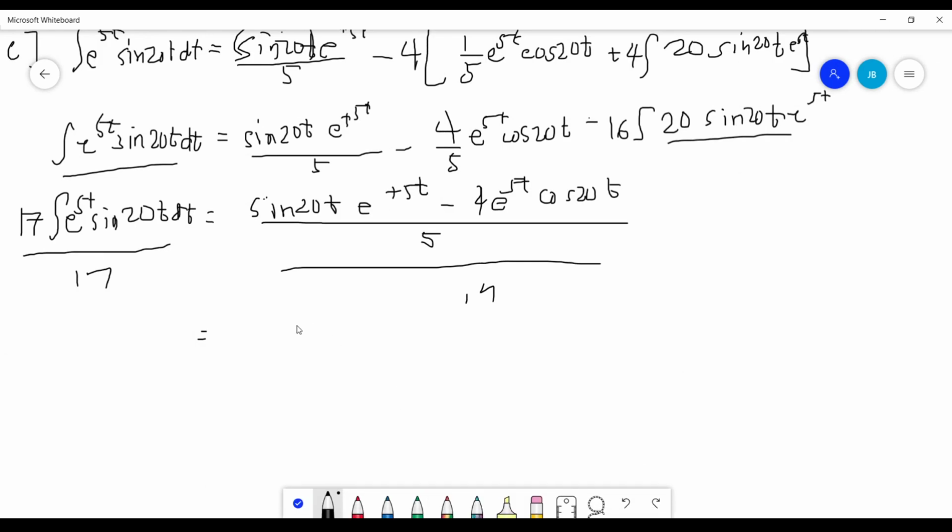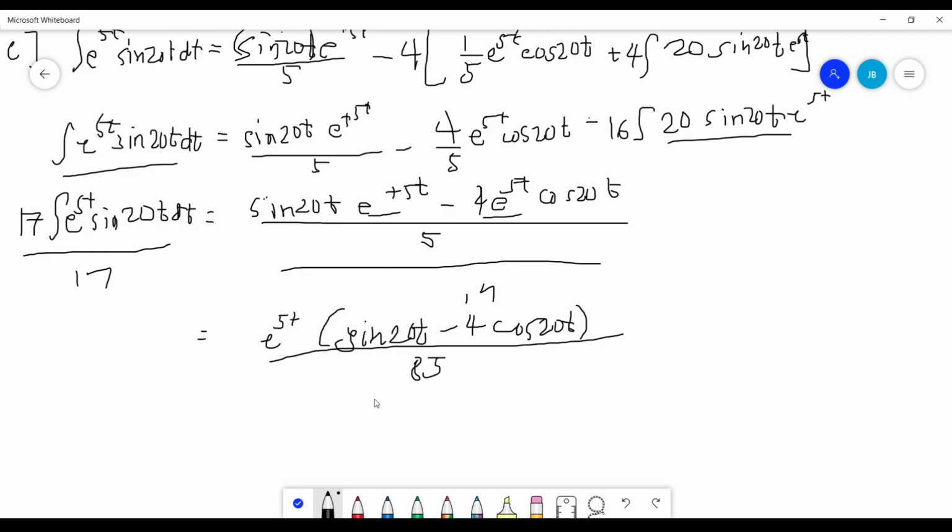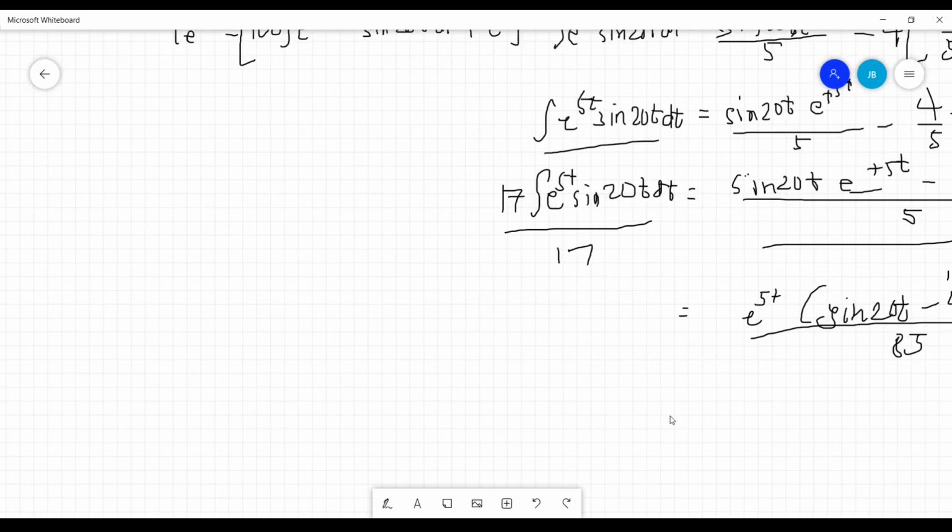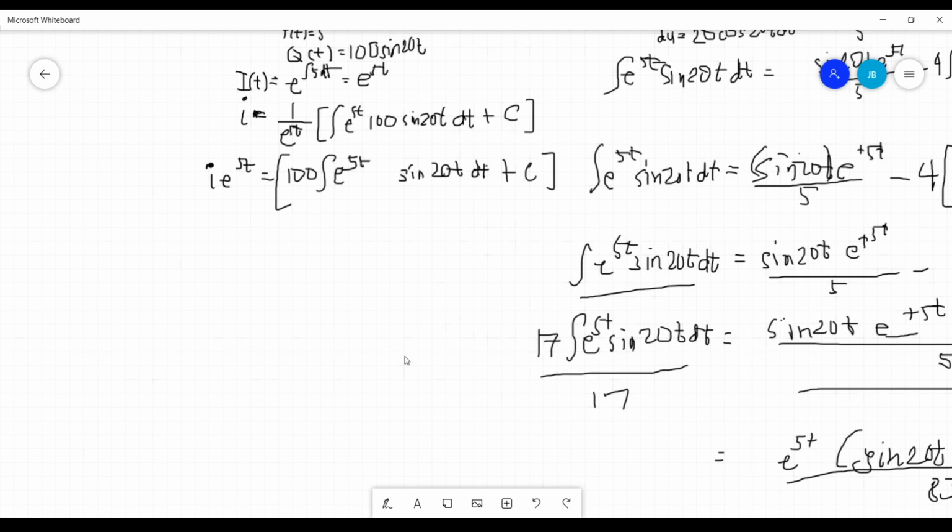So these are like terms, so we take out e^5t times sine 20t minus 4 cosine 20t all over 5 times 17, that's 85. Yes, we are done with the integral of this one. So now substituting, yay.